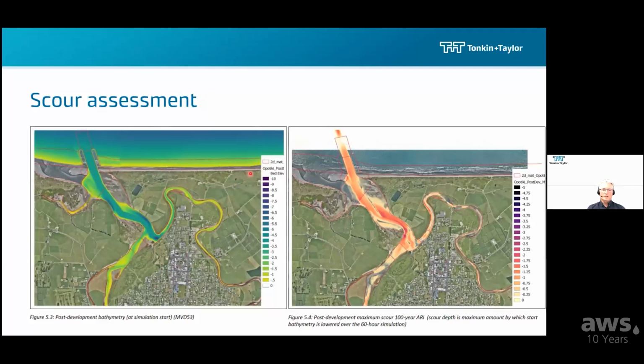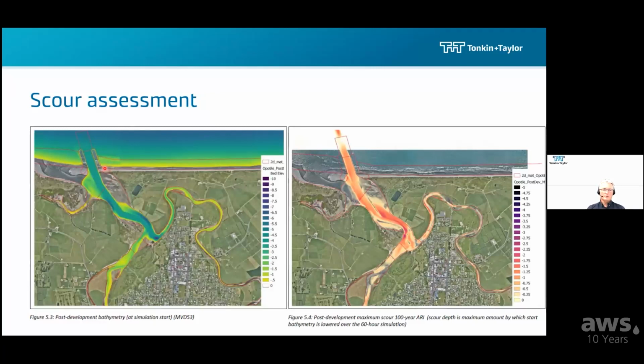What I have to say is this model was not the only tool we used to do scour assessments. It was one of many analyses that we did to satisfy ourselves that the structure we were proposing to construct was going to be durable. But indeed, the model was helpful in getting a good understanding of the likely processes at play.